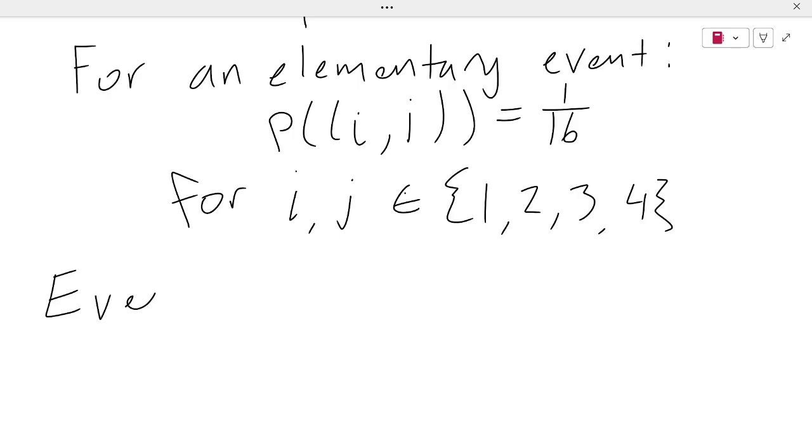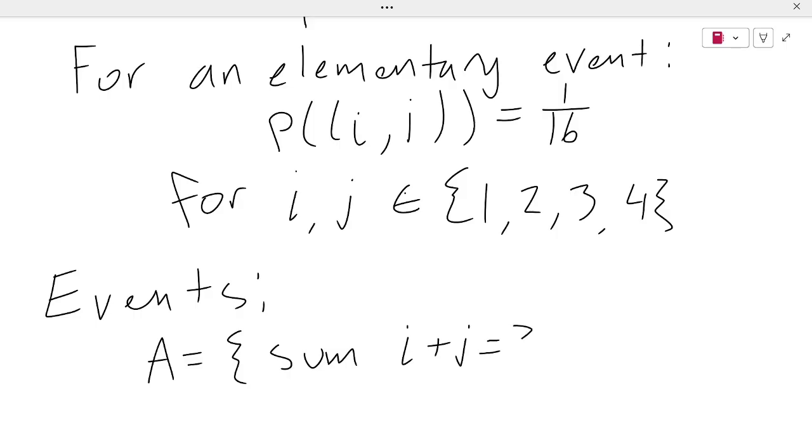Let me come up with some events, and then I'll have you maybe pause the video and try to see if you can find the probability of each of these events. So the first one is event A, being that the sum of i, where i is the number on the first roll, j is the number on the second roll, is equal to 3. Whoa, that's not a 3.